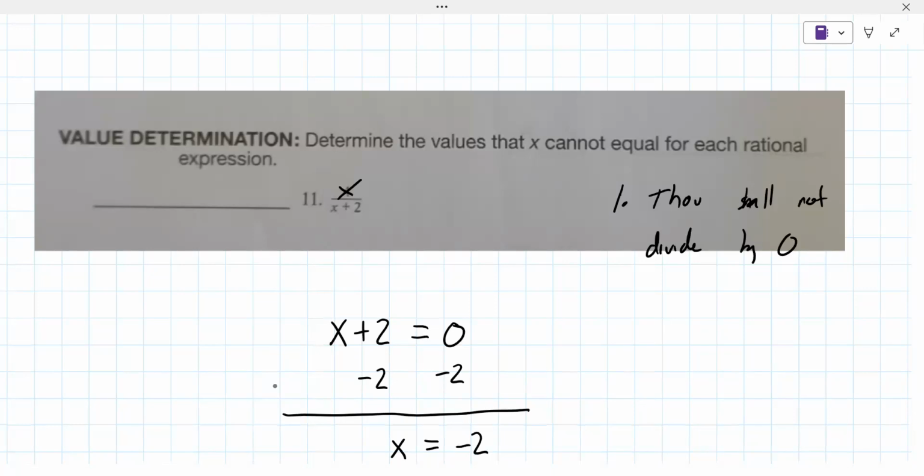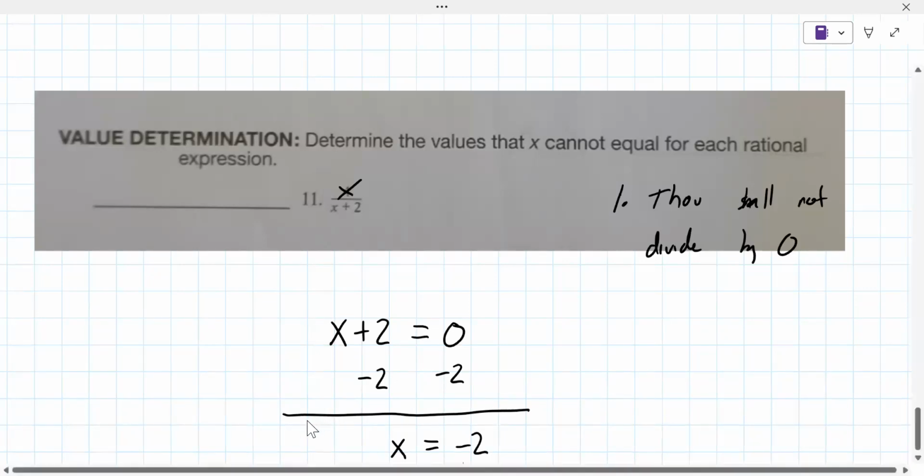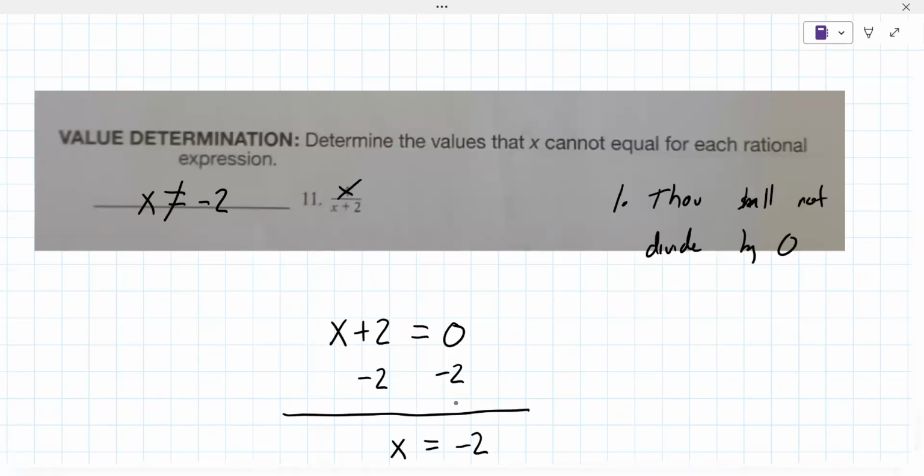X equals -2. Good, good. Now, this is the value that x cannot equal. So while we solved it by setting it equal, x cannot equal -2. That's what we're showing here as being the excluded value.